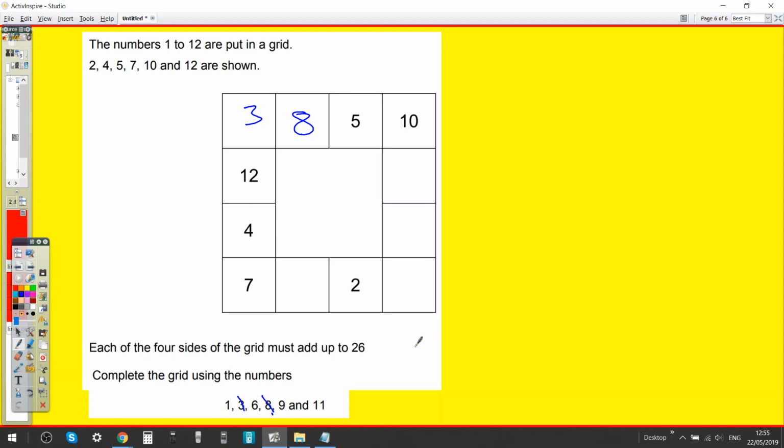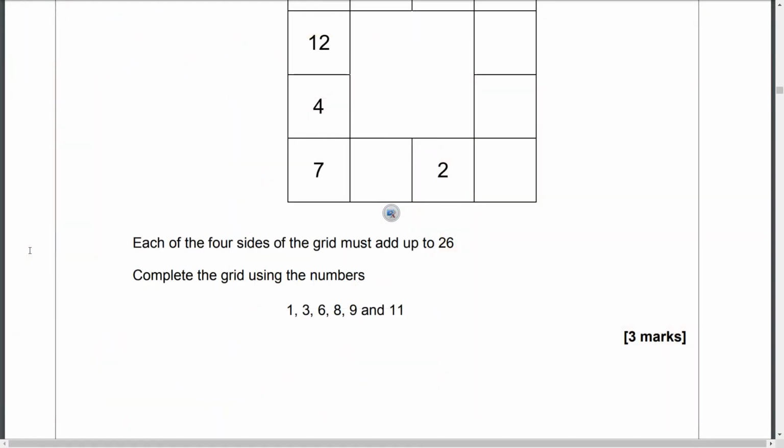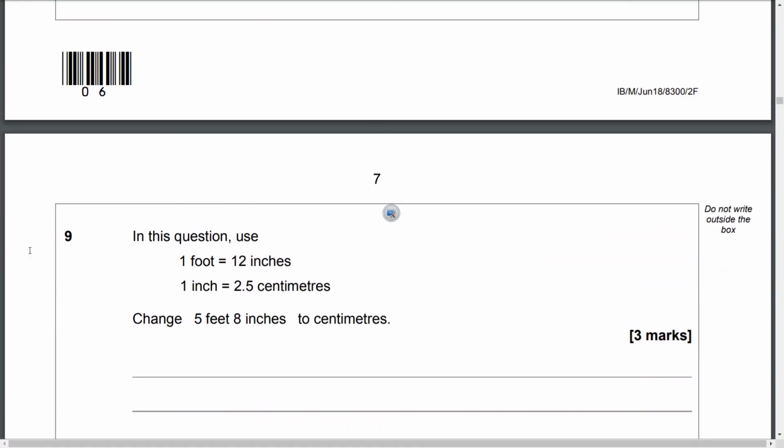Then it'd be 9, 1, and then 6. So that's 11, so that's 13.